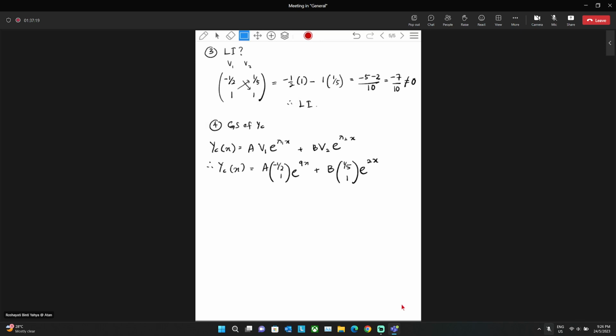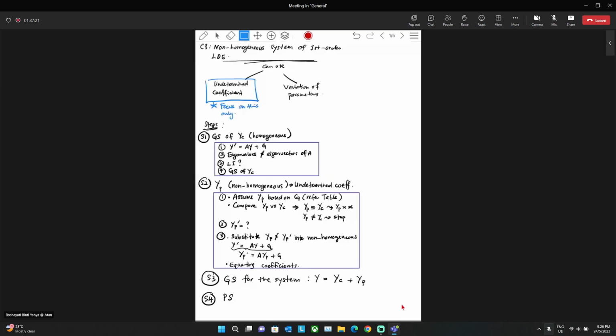Okay. Because the most important part here is YC, YP. And then after that, you combine your YC and YP. Nampak tak dia punya pattern of solution here? Maknanya, first find YC, find YP. Kemudian combine. Alright?